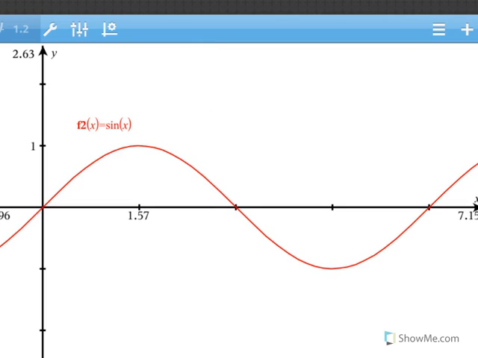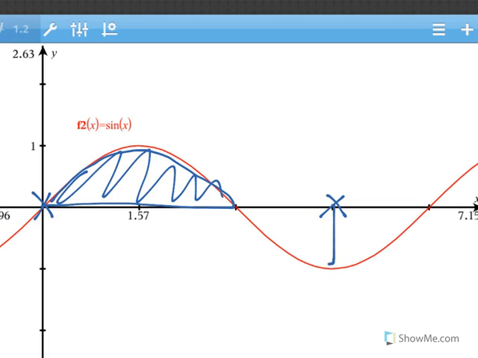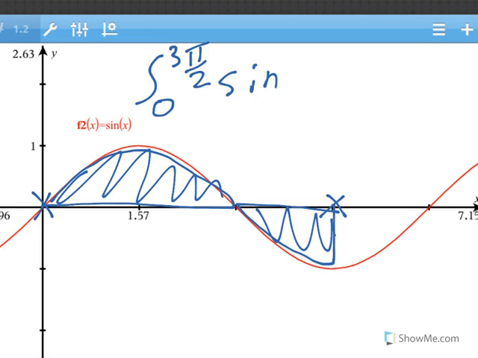Now, say you wanted to find the total area from 0 to 3 pi halves of sine of x, which would be this area and this area. So what you would do is take the integral from 0 to 3 pi halves of sine of x dx, and that comes out to be 1.